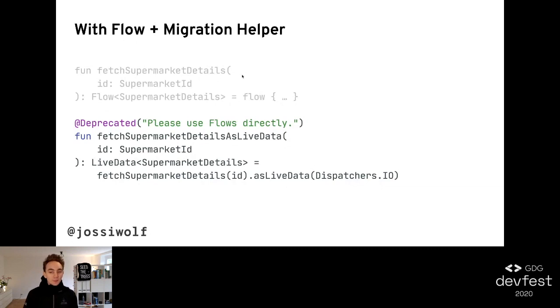And then slowly, step by step, we started pulling this out of the repositories into the view models and eliminating code where we possibly could. And that worked very, very well. After a couple of weeks, we have nicely cleaned up our code base, and would definitely recommend doing this kind of migration.